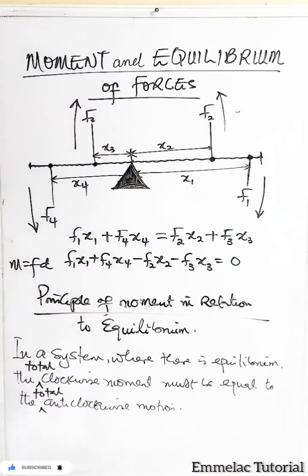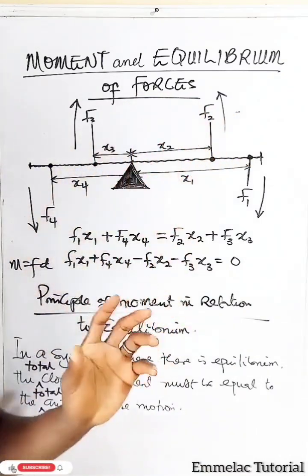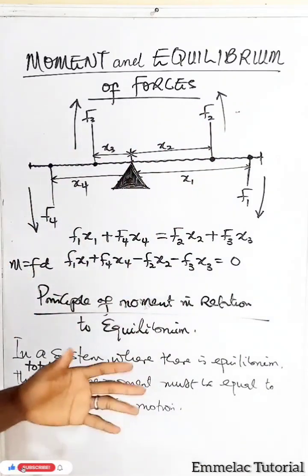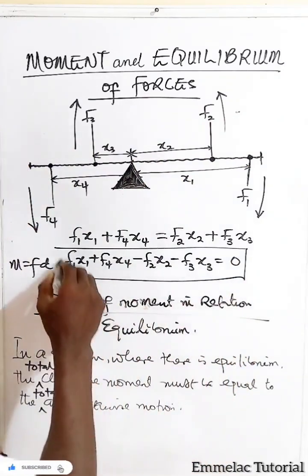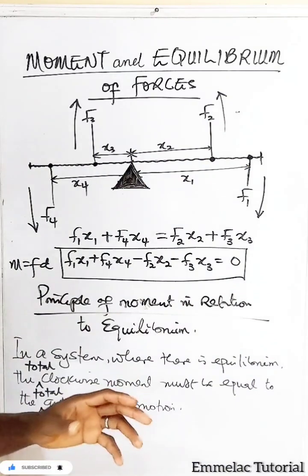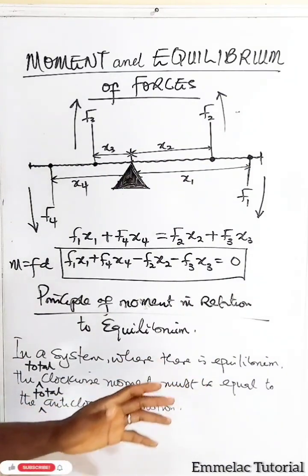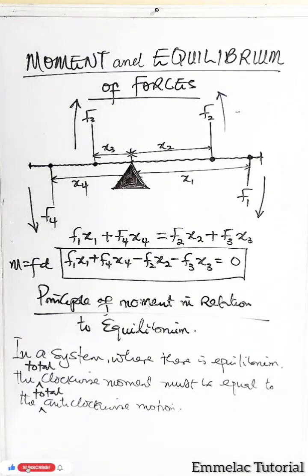This is just the summary of what moment and equilibrium of forces is and how they are related. With this formula, you can solve any moment and equilibrium of forces problem in physics. Thank you, and please do share this video to other learners.